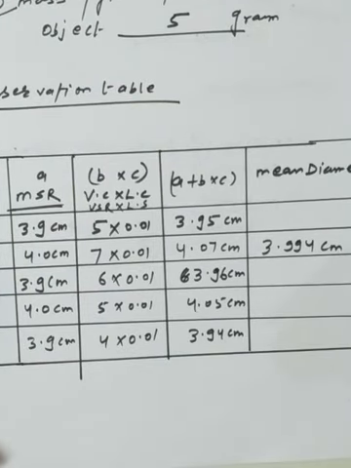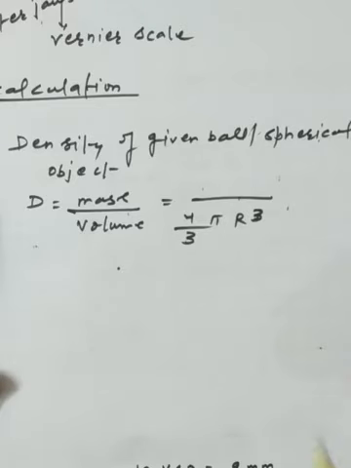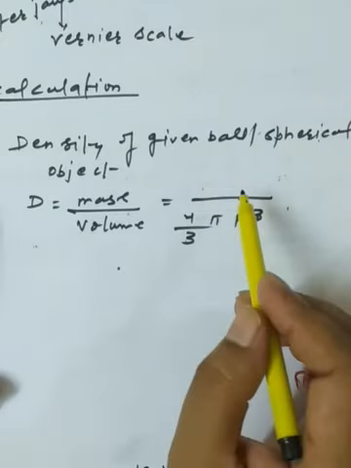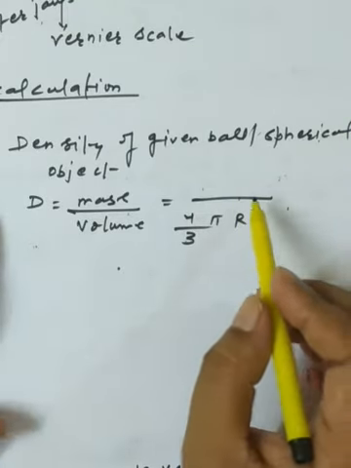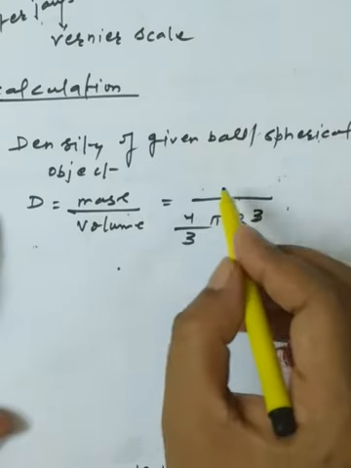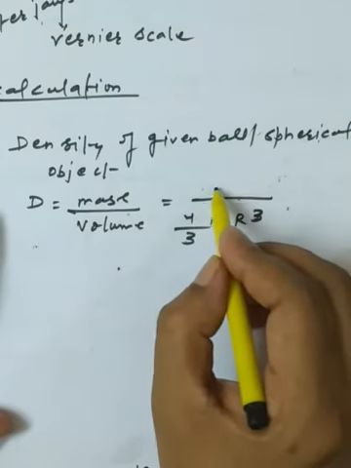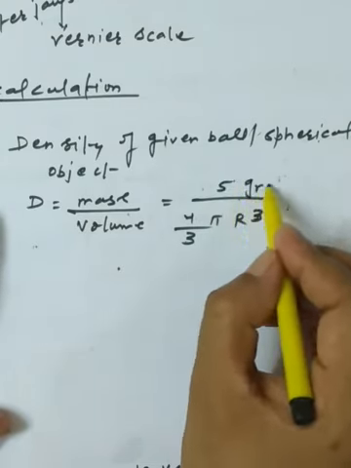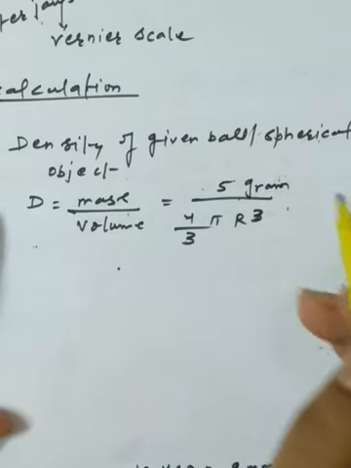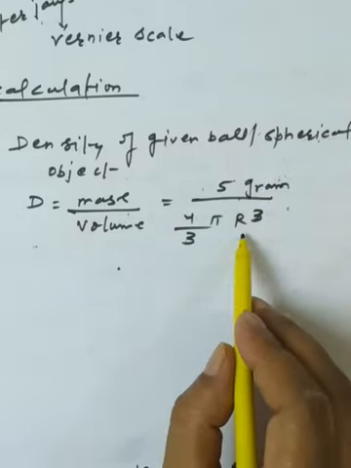Now what should we do next? Now dear students, next we have to make the calculation. Already I have told you that we have discussed the mass, so easily I can write the mass, that is 5 gram. And we have to convert the diameter into the radius.